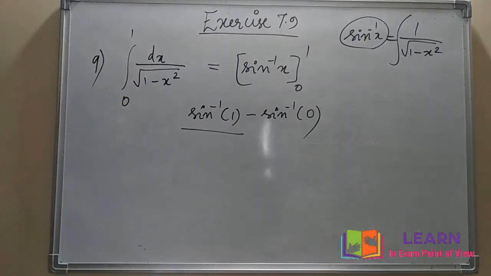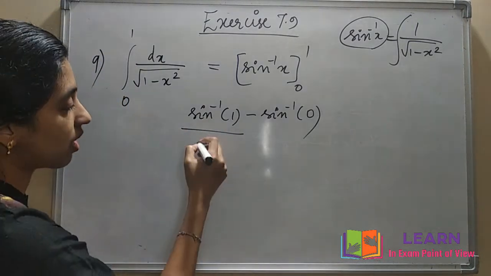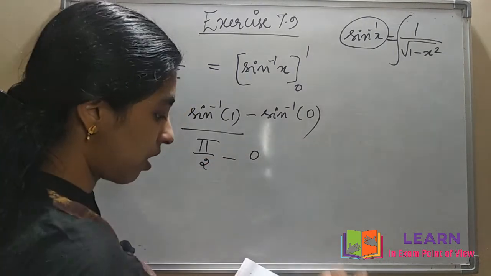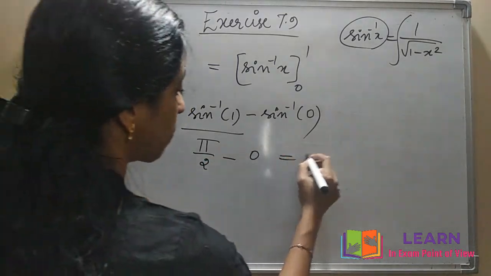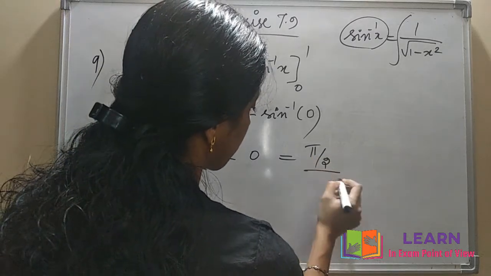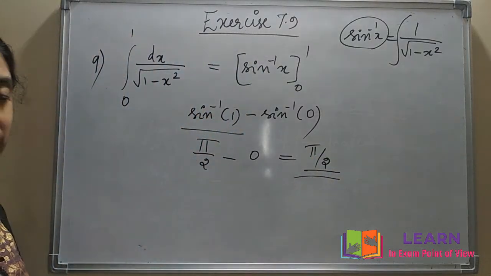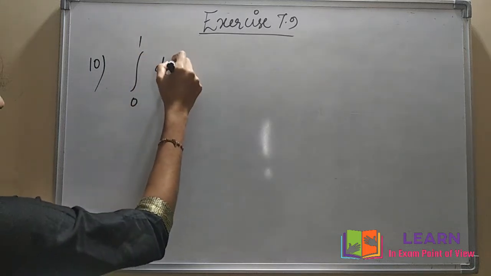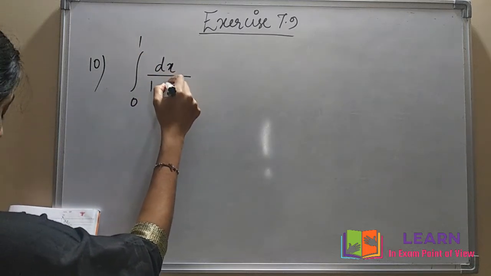Sine inverse 1 is 90 degrees, that is pi by 2. Minus 0 is just 0 itself. So the answer will be pi by 2. Okay. Clear?